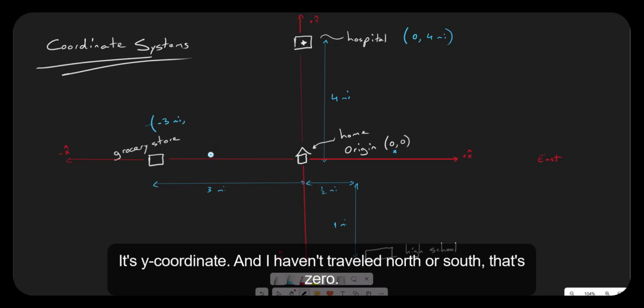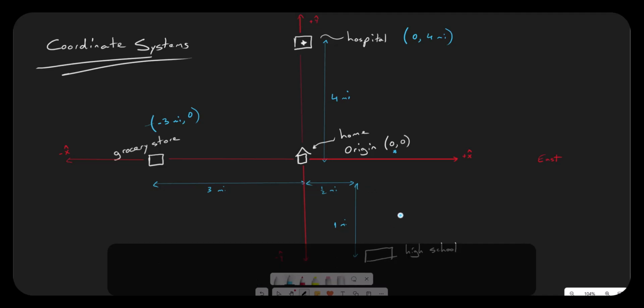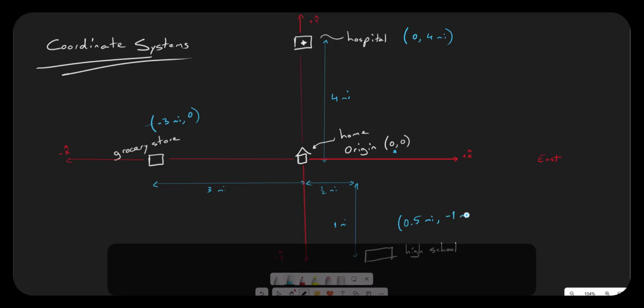Its y coordinate, I haven't traveled north or south, that's 0. And then the high school. To get to the high school, I had to go a half mile east, so 0.5 miles in the positive direction for x, because I'm going eastward, and then 1 mile south, so negative 1 mile for the y direction, because I'm traveling south. That's my coordinate system.